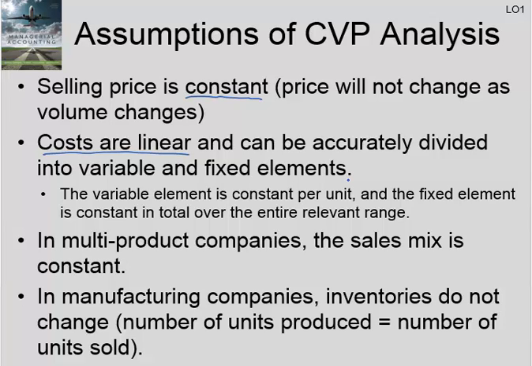We're not going to do multi-product cost volume profit, but if we did, the sales mix would have to remain constant. In other words, if you sold 2 of one and 1 of the other, that no matter what level of volume, you'd always have to sell double of one product than of the other. Anyway, we're not going to worry about that because we're not going to do multi-product cost volume profit.